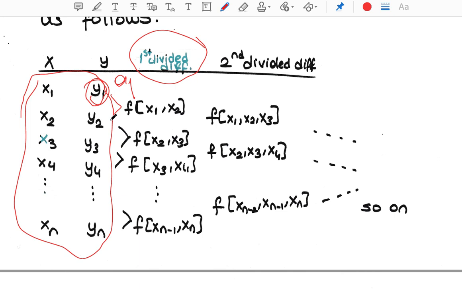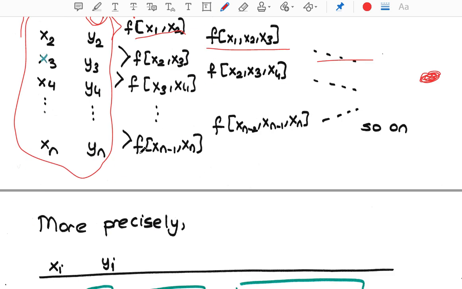It is the thing that we are using here. So this is called first divided difference. It is called second divided difference, then third divided difference, and so on. It is going in that form. We can say that this table is creating a narrow triangle, okay? At the end, up to getting just one point, you will continue your process.